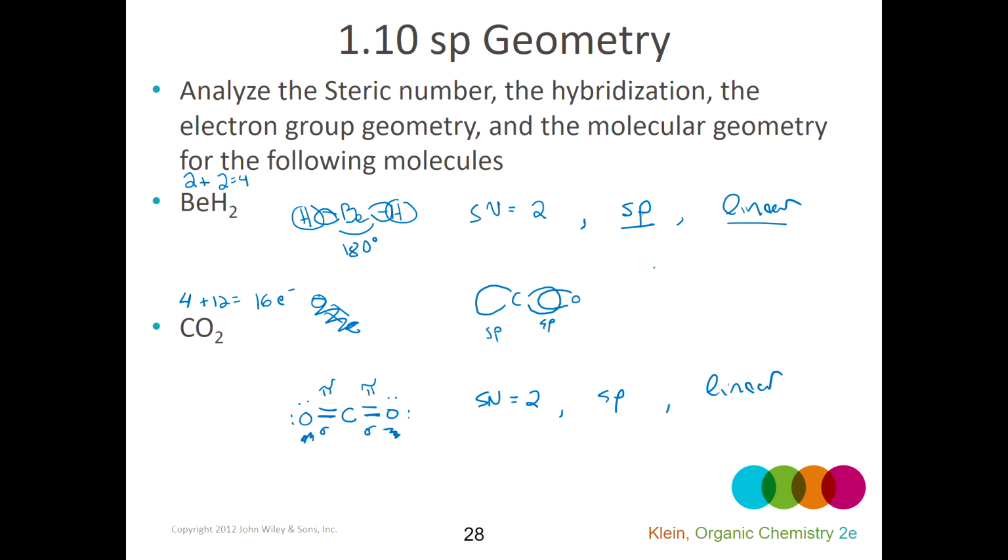I'm only mixing one s and one p, so only mixing 2, I only get 2. I've got one orbital here to overlap with one atom, the other orbital to overlap with the other oxygen. So those are my 2 sigma bonds. The orbital overlap occurs right between the atoms, constructive interference, creating bonding molecular orbitals. I've got 2 electrons in each one, both going in the bonding molecular orbital, both being well stabilized.